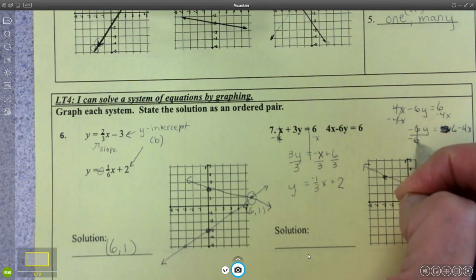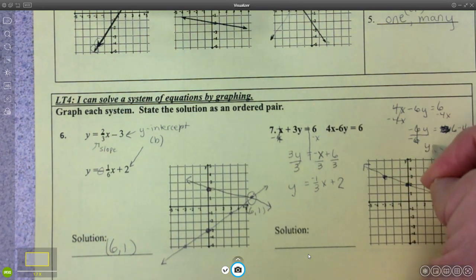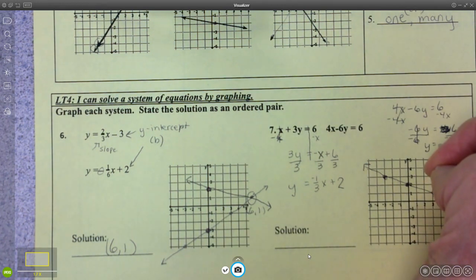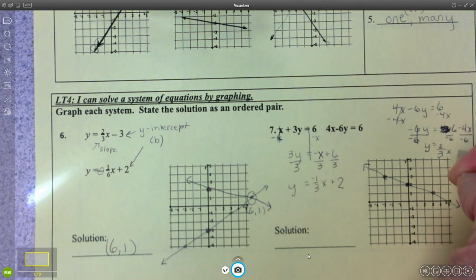So negative 6y divided by negative 6 is y. 6 divided by negative 6 is a negative 1. And negative 4x divided by negative 6, if I reduce that, is going to be a positive 2 over 3x. And then this is going to be minus 6 divided by negative 6, minus 1. So y equals 2 over 3x minus 1.